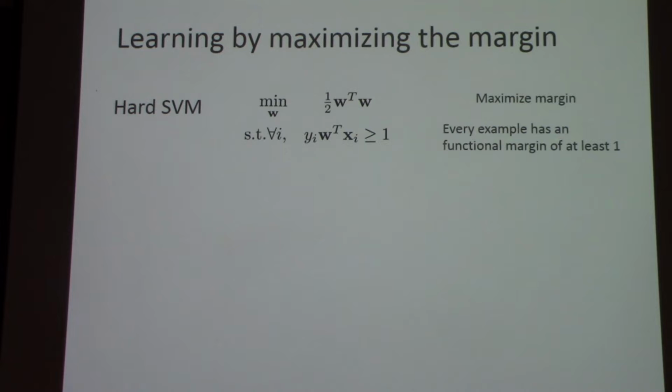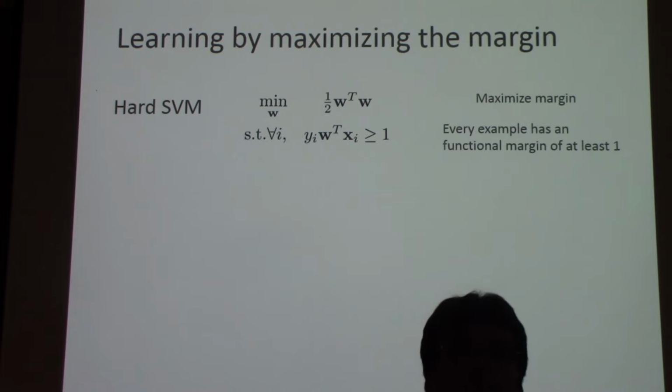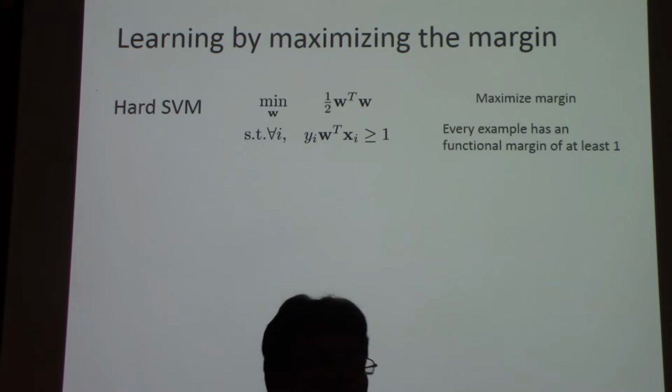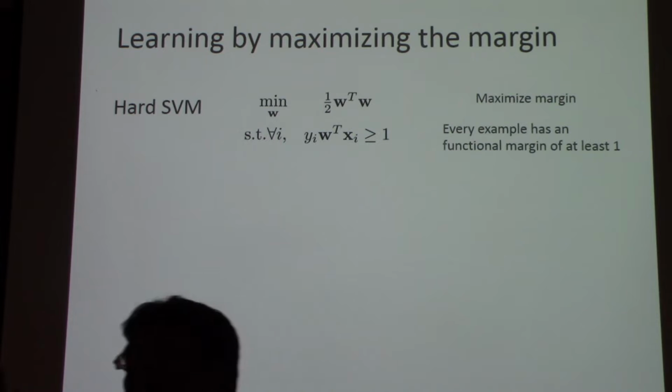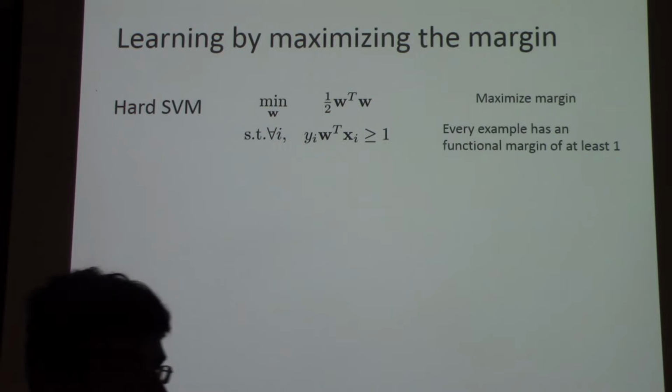And in your perceptron implementation, you checked for error by checking whether y w transpose x is less than 0. And in margin perceptron, you allowed a margin: y w transpose x is less than some positive fixed constant. That's what we're doing here. We're saying, find a w that minimizes the norm, and every example should be classified correctly. But not just correctly. In fact, y w transpose x is not just greater than 0, but greater than 1.